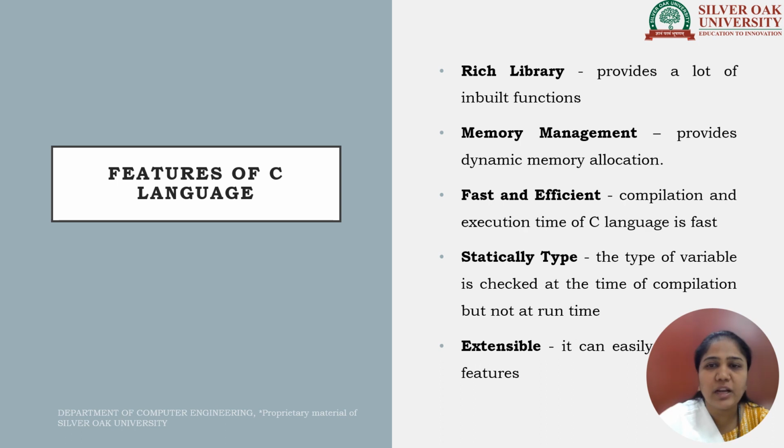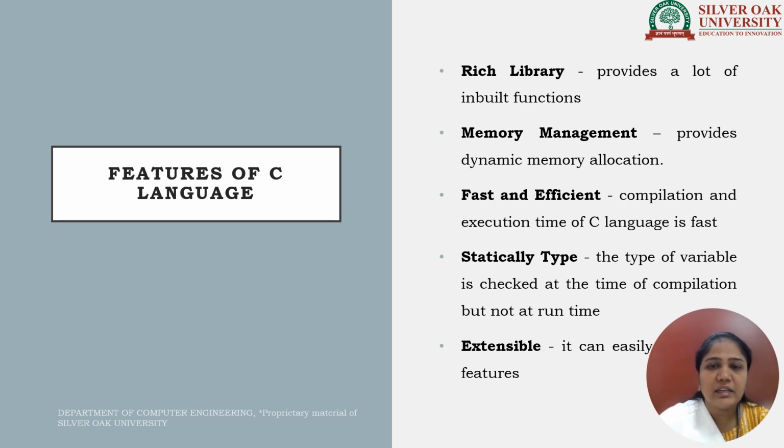Because in a C program, the final output is generated by going through two processes: one is compilation and another is execution. We are supposed to perform these two steps with the C code. Compilation checks for errors, and execution is done when the compilation is successful.